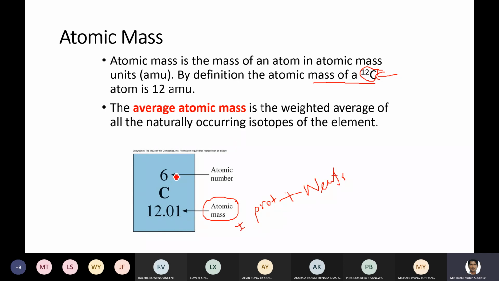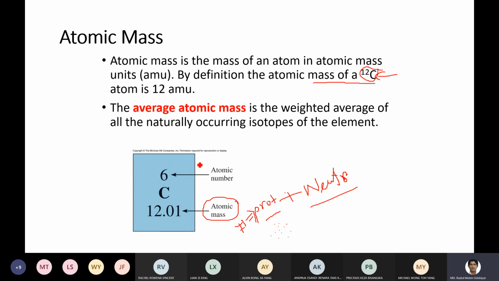So this is the sum of protons and neutrons. Protons and neutrons are whole numbers. You cannot have 0.1 of a proton or half of a proton or half of a neutron. They are integers, full numbers. You cannot have half or a fraction of it.